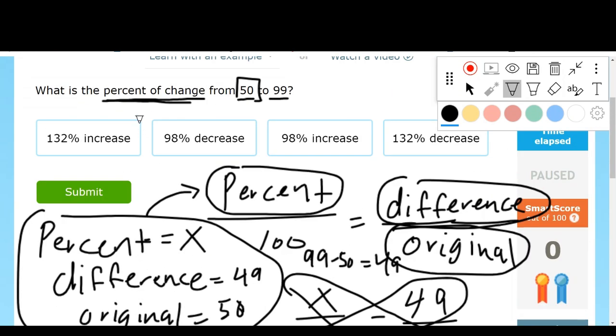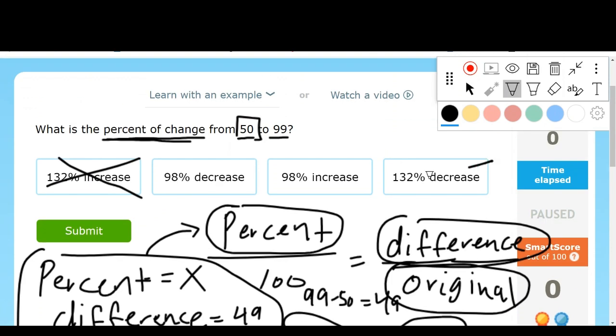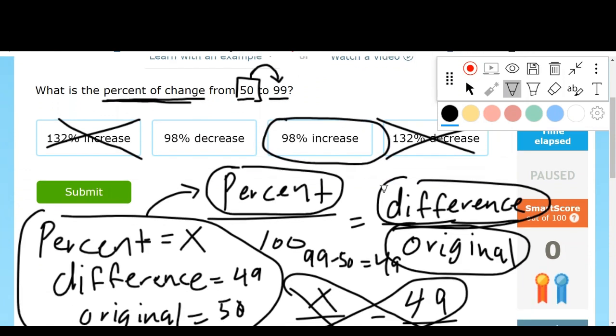From 50 to 99, is that an increase or a decrease? Well, it's an increase. So it's a 98% increase.